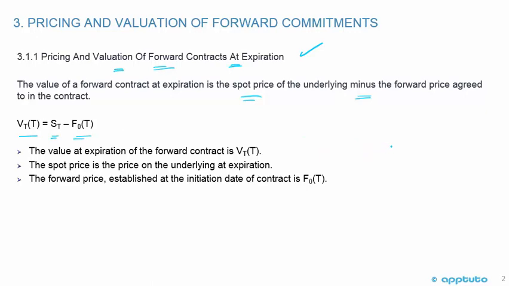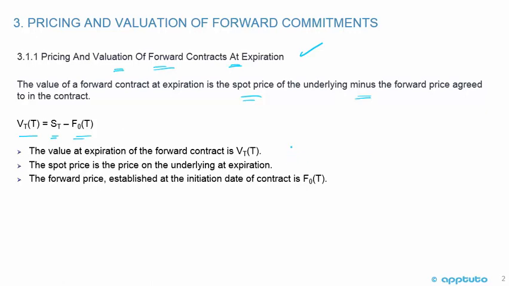You enter into a forward rate agreement, and that's to exchange an asset at a specified price at some certain time period in the future. You get to that time period, what is the value of the contract? It's the difference between what the spot price is and the price that you agreed upon to exchange the asset. So it's easy.